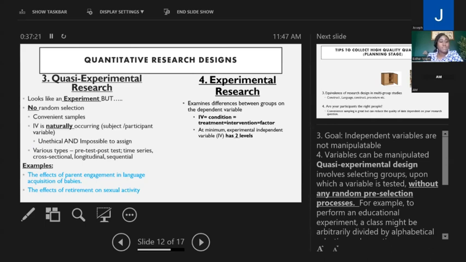So let me talk about the IVs first. In terms of the independent variables, typically in experimental research, you can manipulate the variable. So for example, in parent engagement, if you are doing a specific experiment, maybe you have been able to operationally define parent engagement as, let's say, the number of hours spent with a child, right?